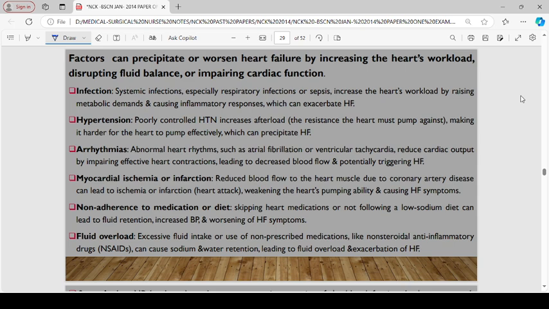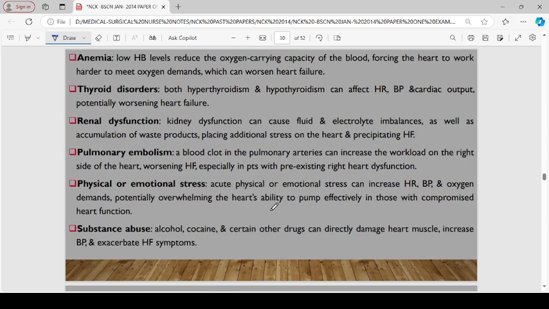We have factors like infections, hypertension, arrhythmias, myocardial ischemia or infarction, non-adherence to diet, and fluid overload. Anemia, thyroid disorders, renal dysfunction, pulmonary embolism, physical or emotional stress, and substance abuse can all precipitate heart failure in patients with a pre-existing heart disease.